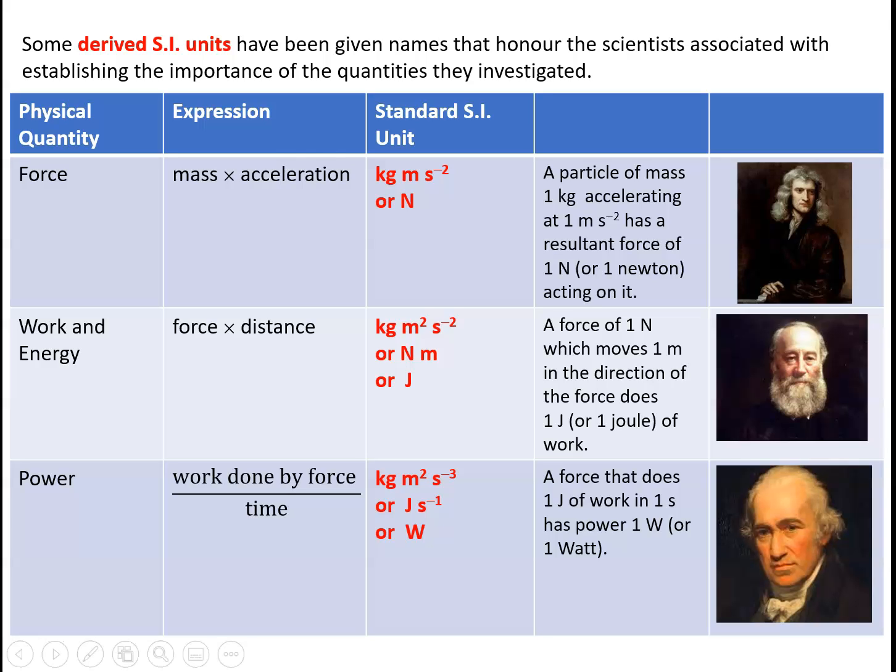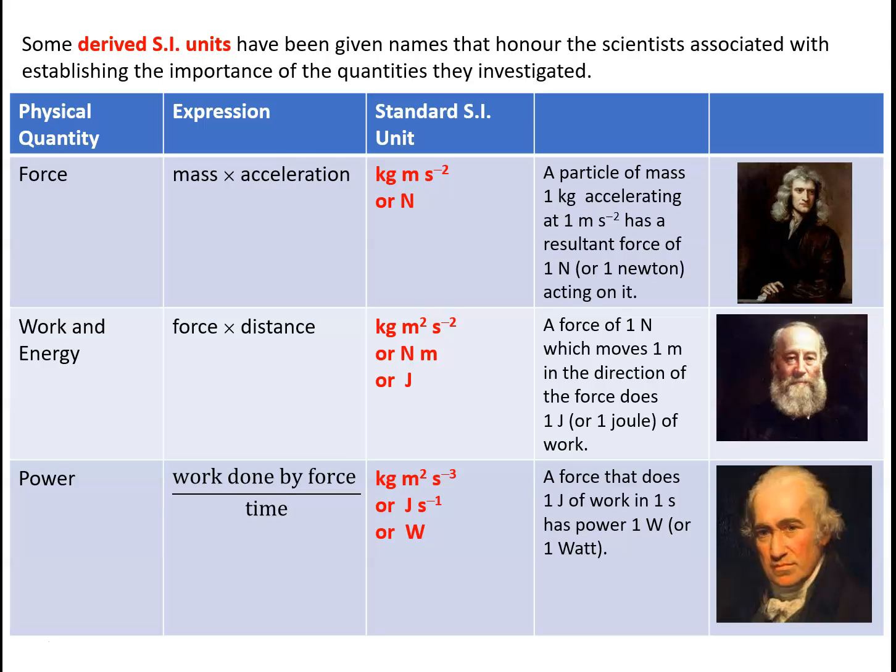And the unit of power, which is work done by a force divided by time, can be set up as the unit of force, kilogram meter squared per second squared, divided by time. So that is now going to become kilograms meter squared per second per second. In other words, kilogram meter squared per second cubed, or kilograms meters squared seconds to the minus 3.